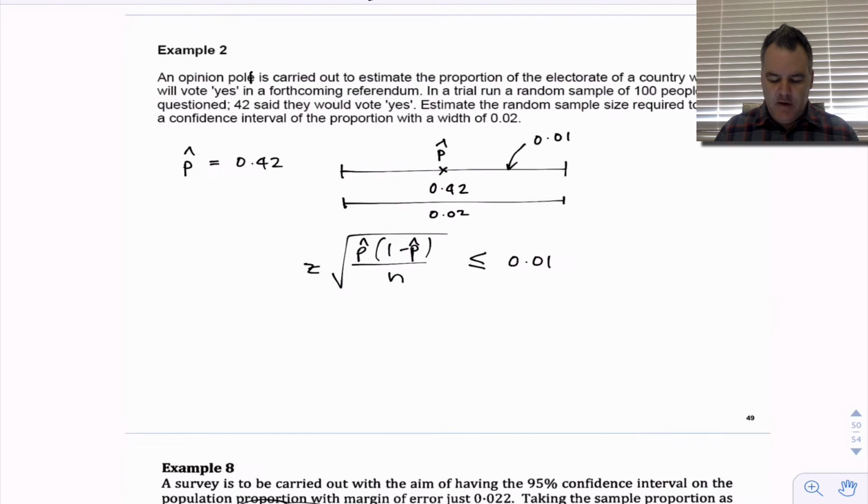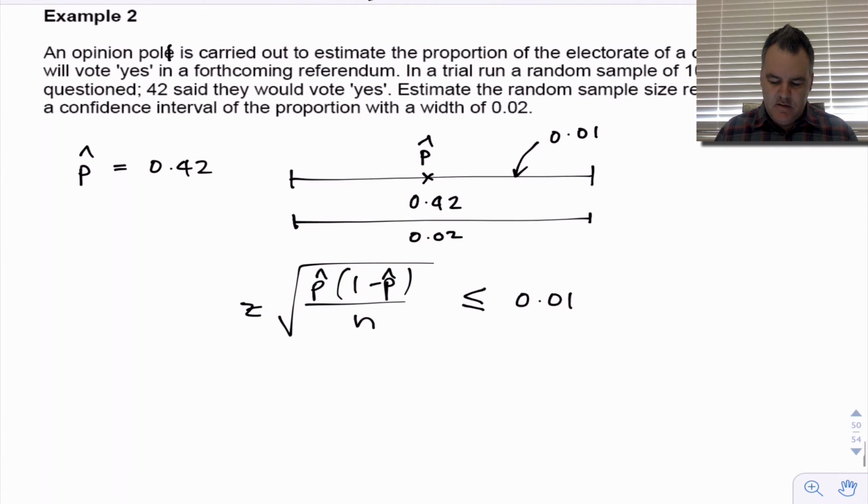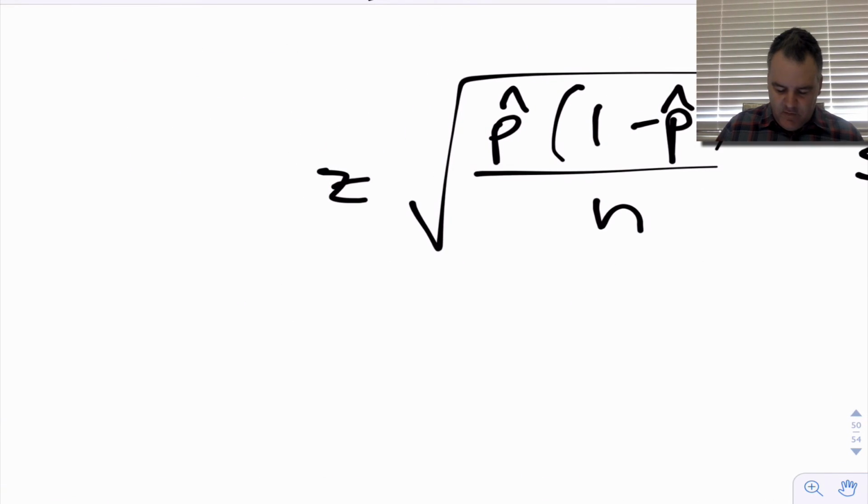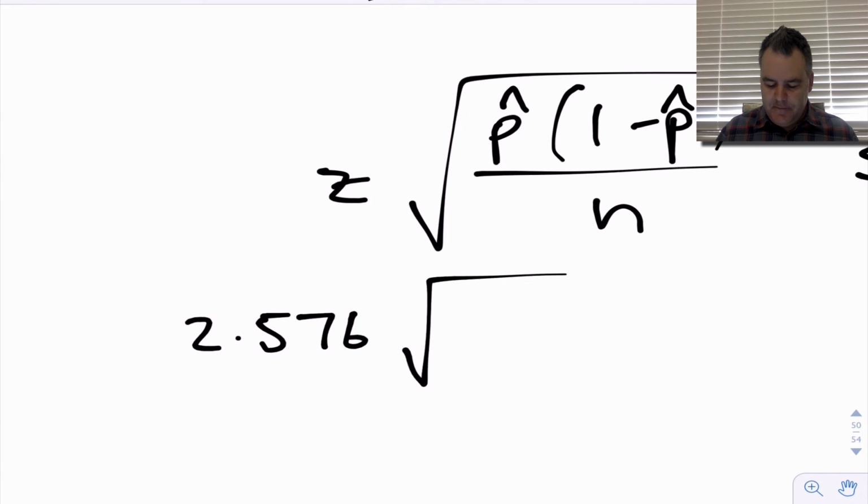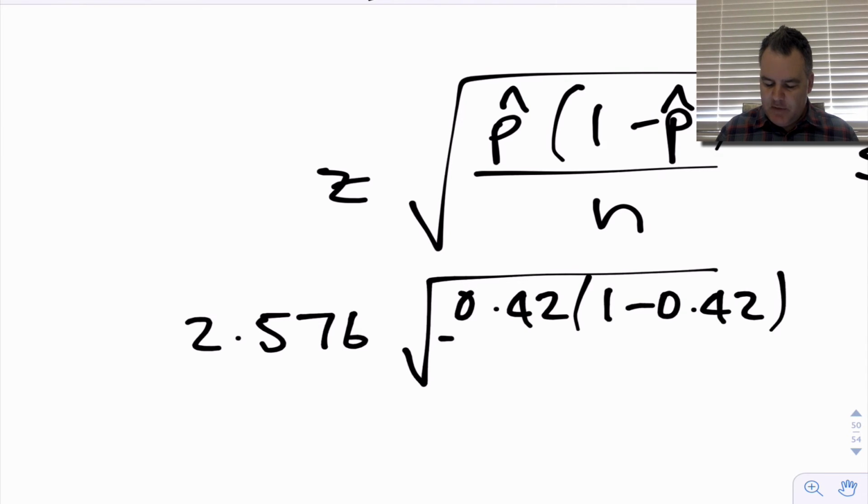Okay, so it doesn't say here, but in any question it's got to tell you what's the level of confidence. So let's go for 99% here. So this would be 2.576. You can work that out on your calculator. Now, let's say we didn't do this sample of 100 people first and we didn't know what p hat was.